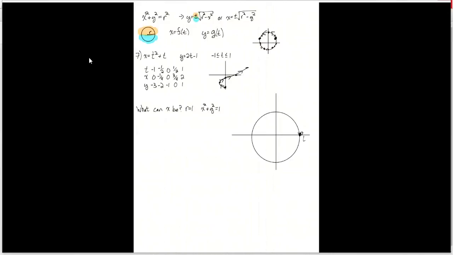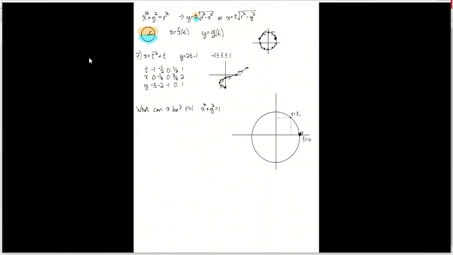This is t equals 0 over here. And some point that we're going to get to later, we're going to say that this is t equals t1. We need something that defines the x coordinate and y coordinate of this. So the x coordinate is how far across, and then the y coordinate comes down like this.